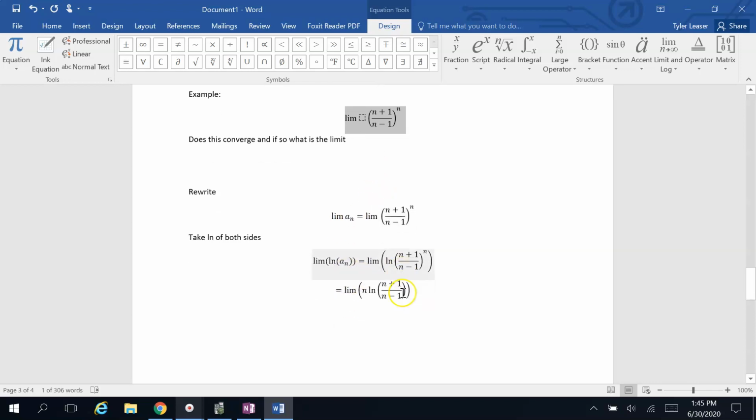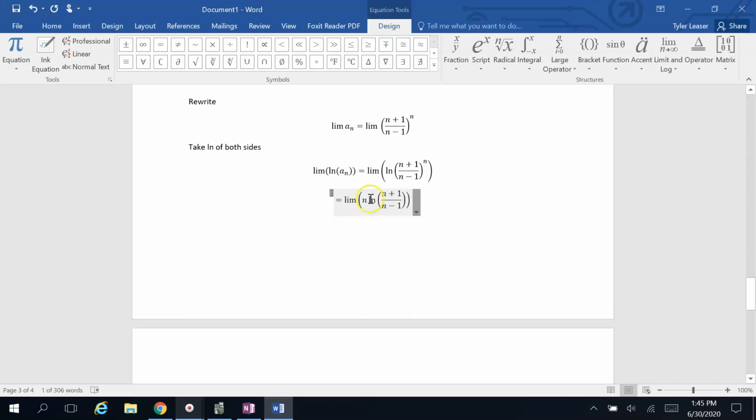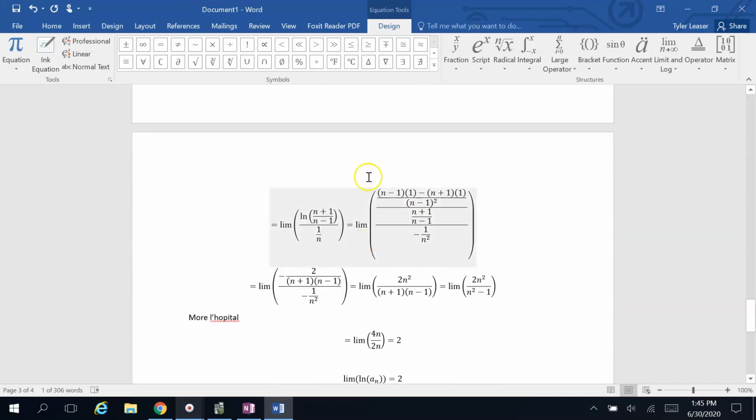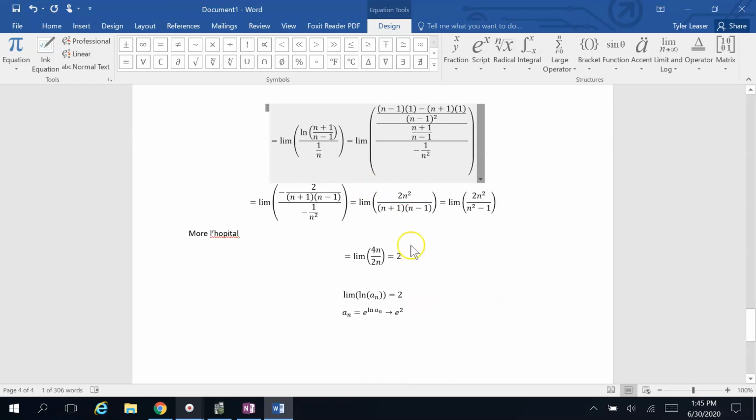Take the natural log of both sides, bring the exponent down, play around with L'Hopital's rule until you get the limit of the right-hand side. Then that means that your original a sub n is going to be e to the natural log of your a sub n, which approaches whatever you found here, so e squared.